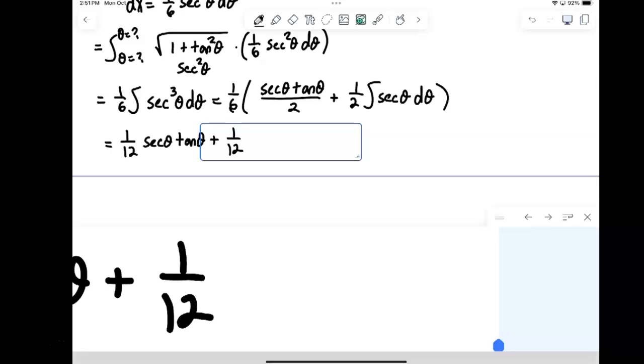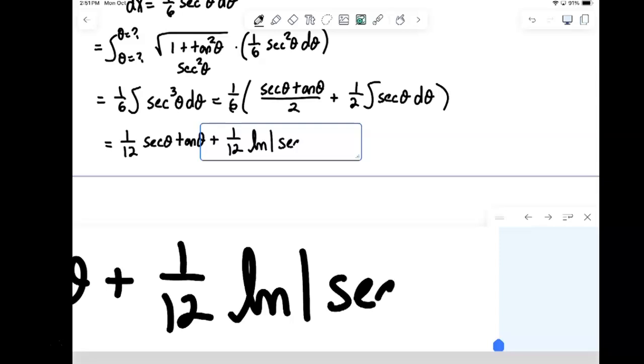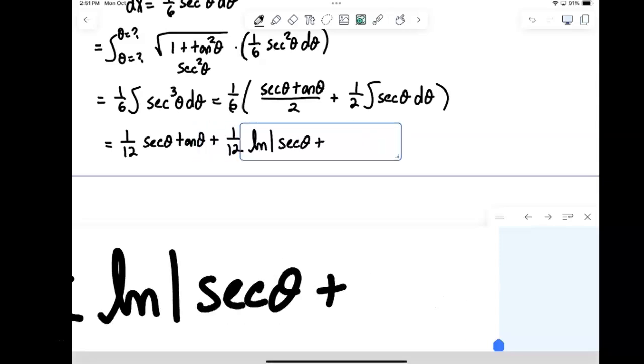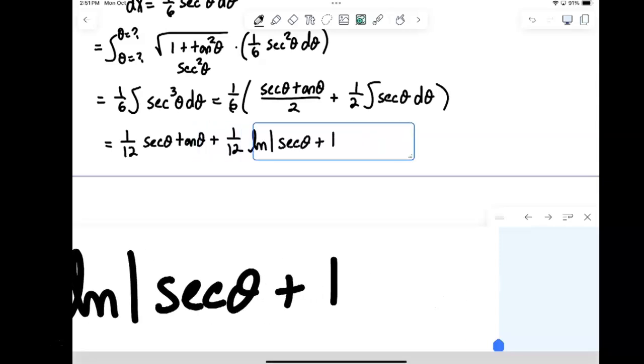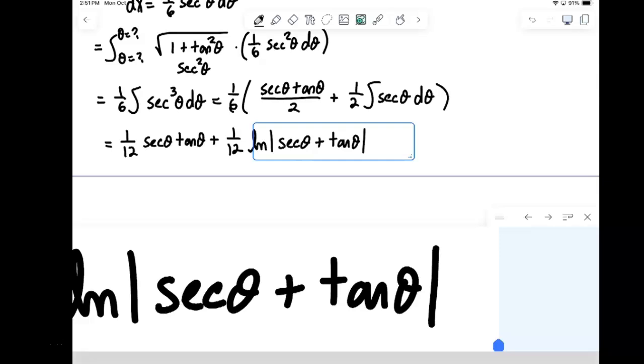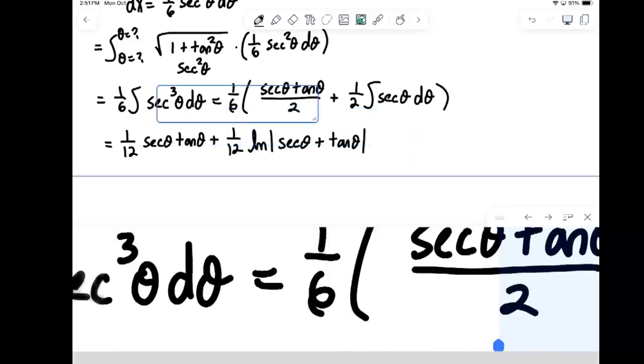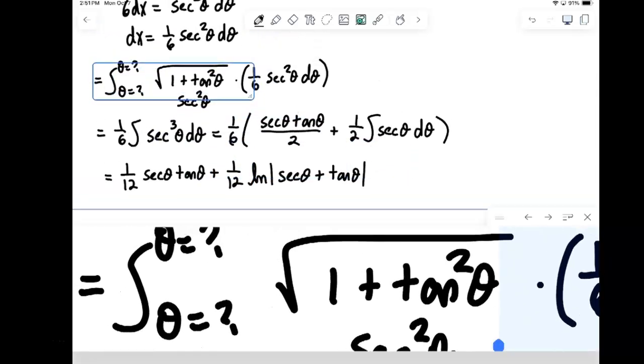And remember, the integral of secant is the ln absolute value of secant theta plus tangent theta. Of course, all this would normally be plus a constant of integration, but we're doing a definite integral. So I left off my limits of integration for a while because I didn't want to keep writing them.